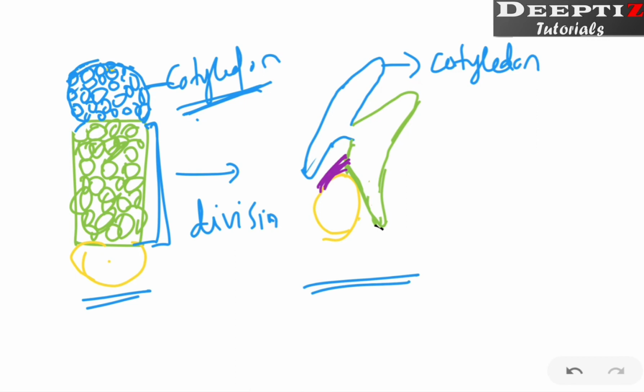This cotyledon is very thin, having limited reserve food material. So we call this cotyledon as scutellum. So what is scutellum? Scutellum is the thin paper-like cotyledon which is present in case of monocot embryo.